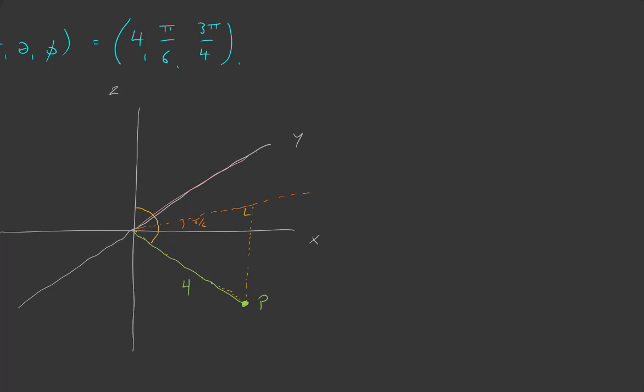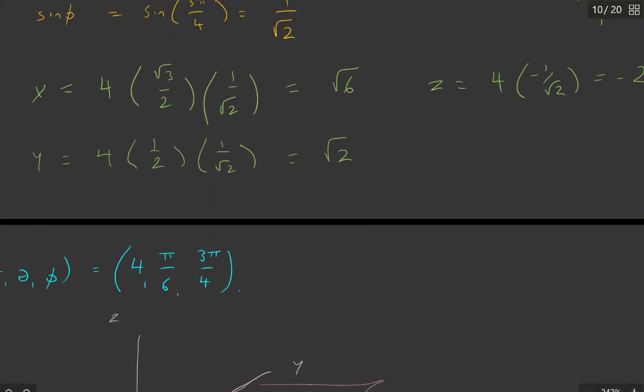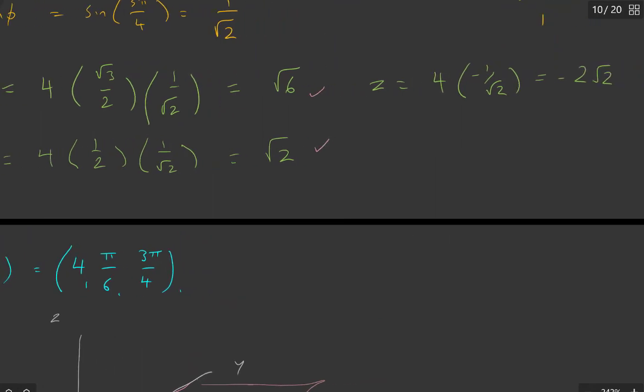To check our values for x, y, and z that we worked out above, we first note that our point is sitting below this quarter of the plane, where x and y are greater than 0, and because it's below there, z is less than 0. Going back to our values, we've got x is positive, y is positive, and z is negative.